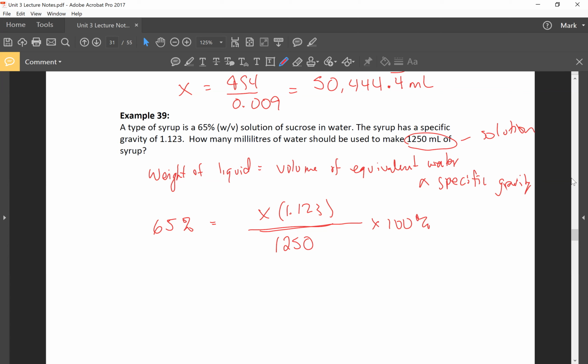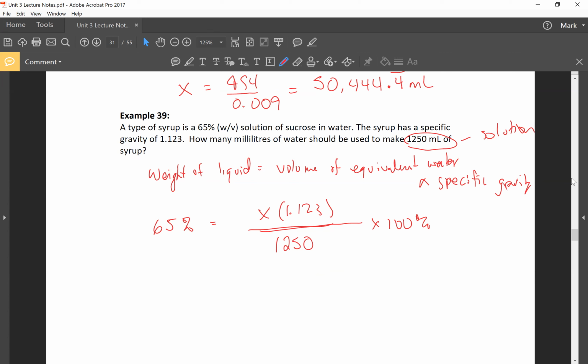The question is worded very difficultly, because some of you are thinking, why is he putting an X up there when it's asking for how many milliliters of water? We're going to calculate that after, but we can't figure that out until we figure out how much solute, in this case sucrose or sugar, we're adding. If this is the total, you need to find out how much of the sugar or sucrose we're adding.